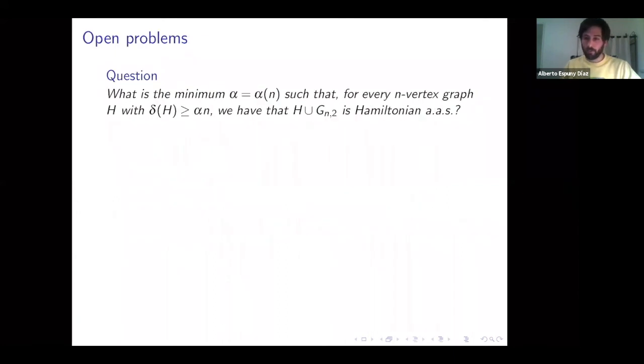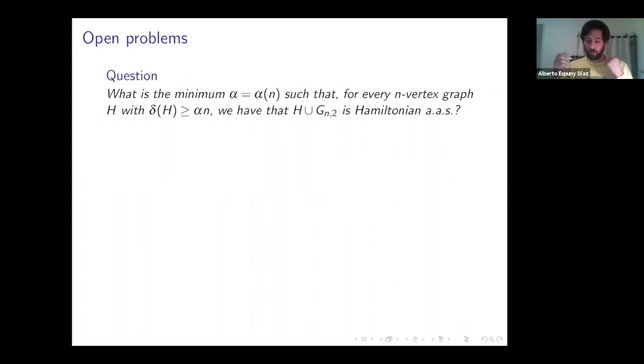And I'll just finish with a couple of open problems that I'm interested in. So the first one is that I have told you that our result for one-regular graphs is optimal, in the sense that √2 - 1 is the minimum degree that allows us to get Hamiltonicity. But for two-regular graphs, we actually don't know what's the minimum alpha such that this is true.